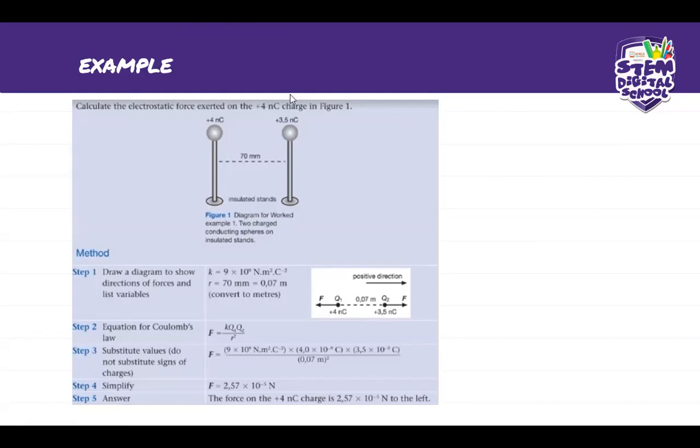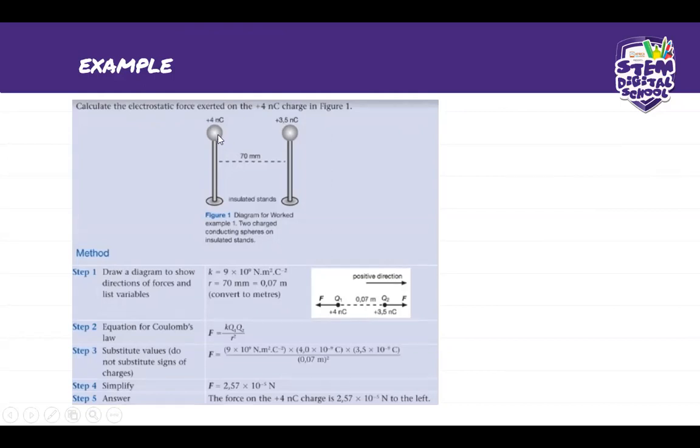Okay, so this is our figure right there. It says exerted on the plus 1 charge.